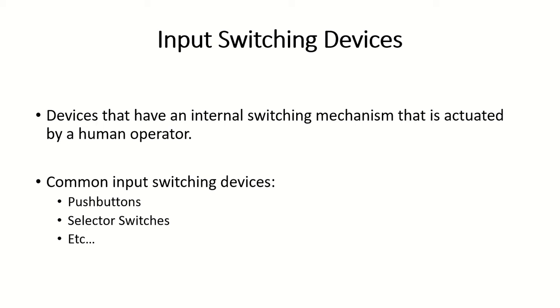There are many other output devices that we'll discuss later, but just think of input switching devices as a mechanism that is controlled by a human operator. So somebody actually has to physically turn these devices either on or off or press the push button to get the loads to change state.